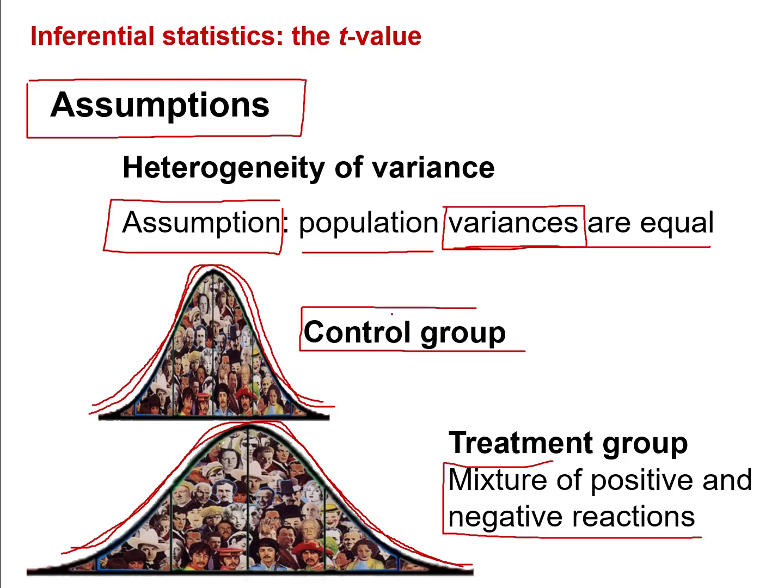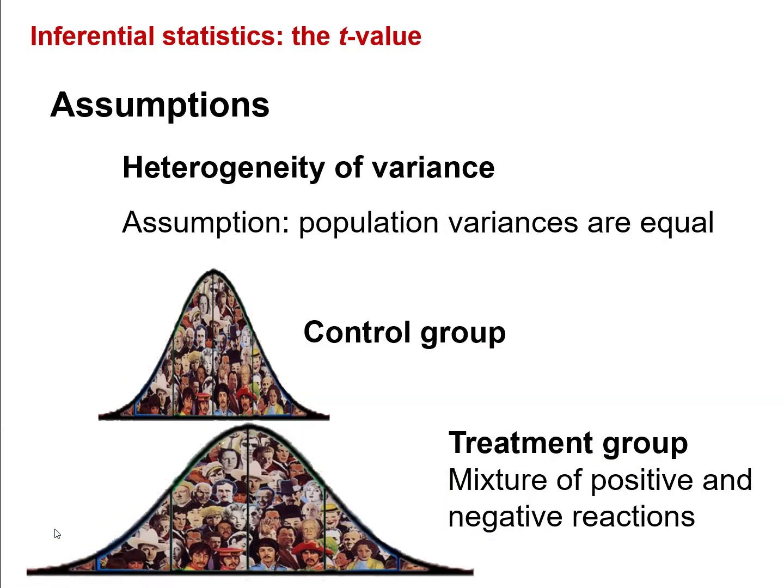So that might create a situation where scores in my treatment group just get spread out really far apart from each other. So my control group might have a small standard deviation with scores close together, and then in my treatment group, scores might be more spread out, and it might have a larger standard deviation. And if that happened, that would violate an important assumption of a t-test.